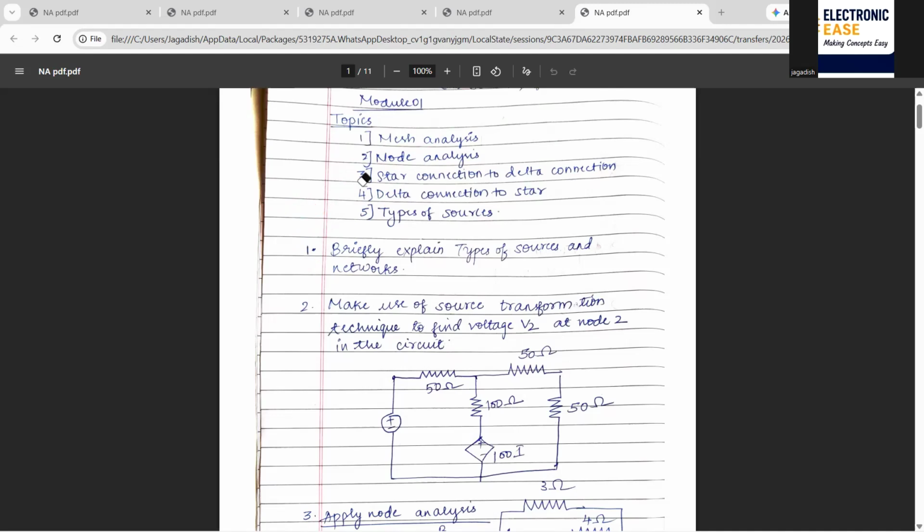The second one is: make use of the source transformation technique to find the voltage V2 at node 2 in the circuit, for 10 marks. You should know how to correctly apply node analysis, which makes use of KCL. Correctly identify how many nodes are there in the circuit, and based on that, form the equations with the sum of currents entering and the sum of currents leaving.